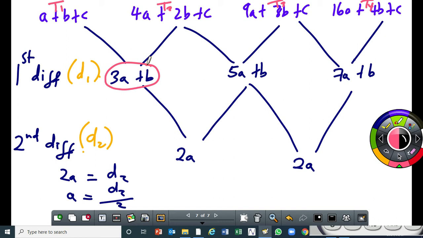So if I call the first term of the first differences T1 of the first differences, this will be equal to 3A plus B. So all you have to do is determine the first term of the first differences. That first term is equivalent to 3A plus B. Don't worry, I'll do an example, but maybe in the next week.